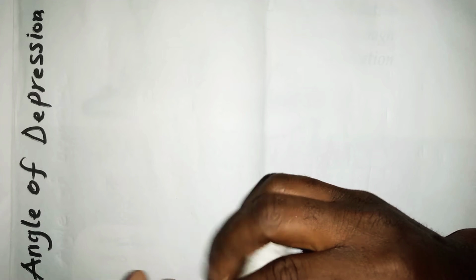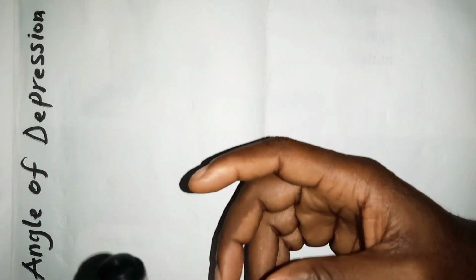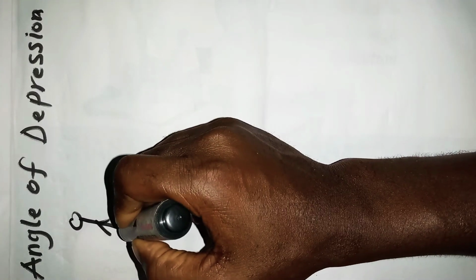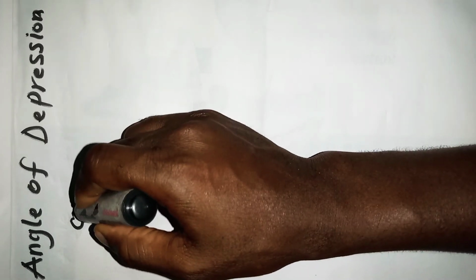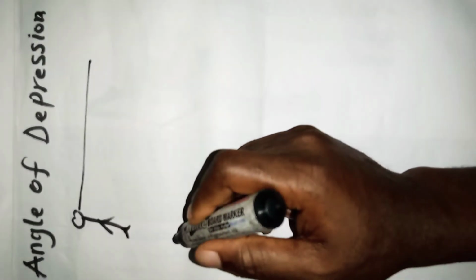Today we are looking at angle of depression. Angle of depression is the angle formed below the eye level. That is, let's take this as someone standing with the horizon.